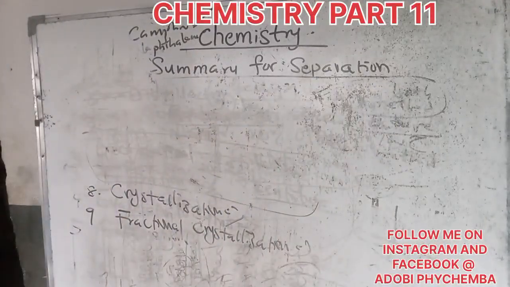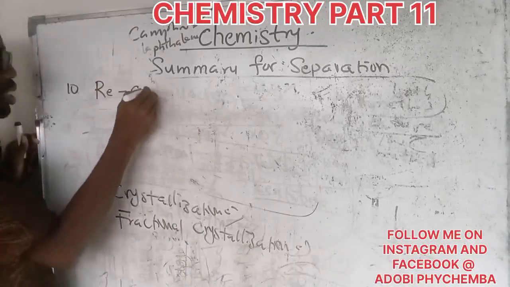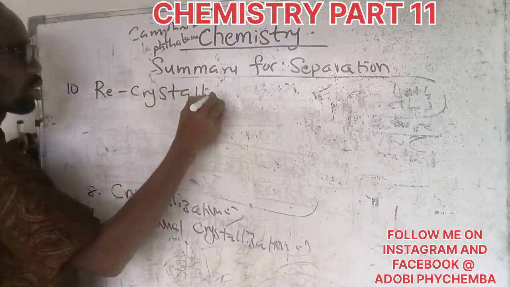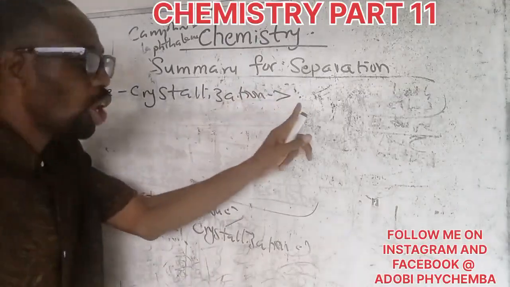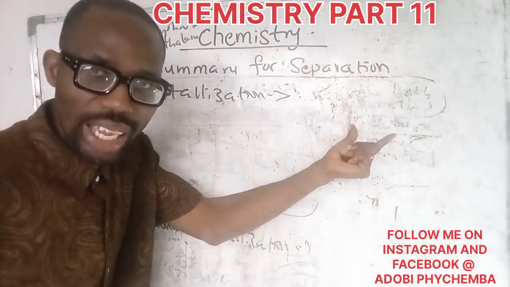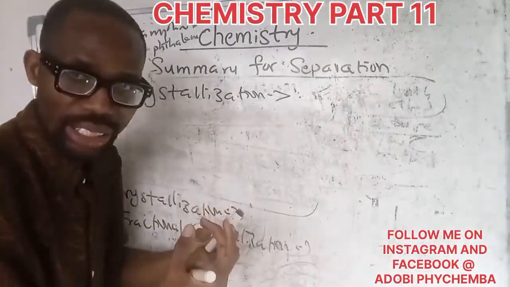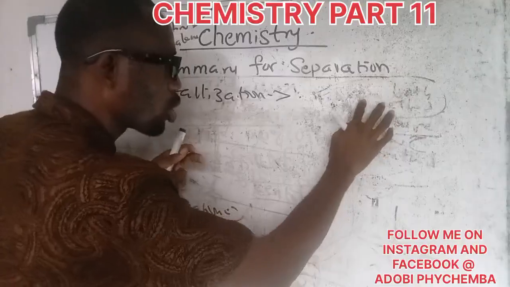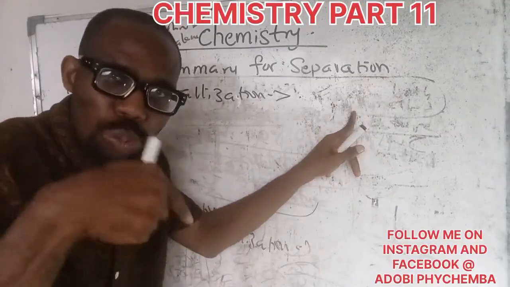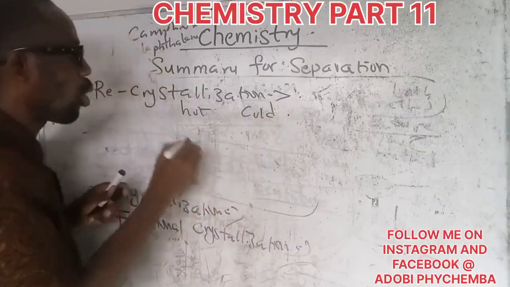Recrystallization involves choosing a solvent in which the salt or solid to be obtained is soluble when it is hot, or insoluble when it is cold.